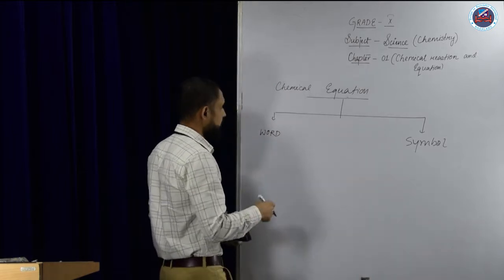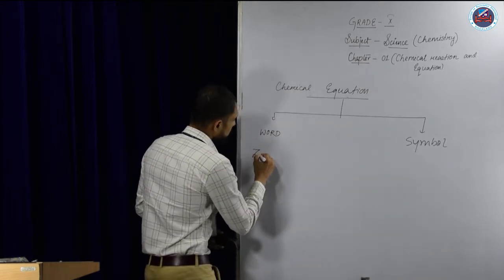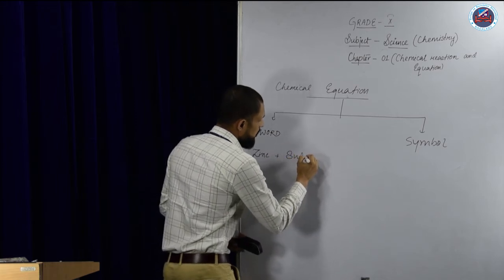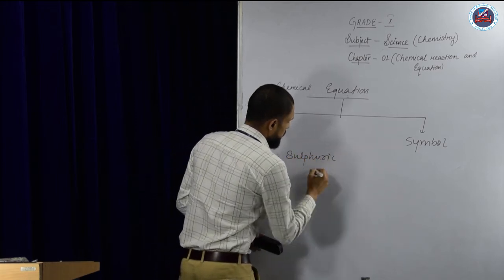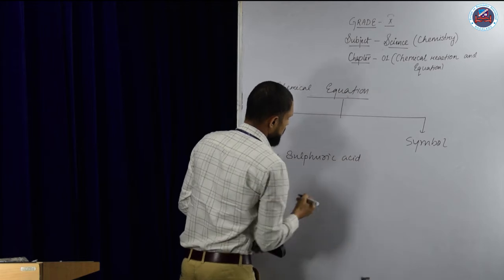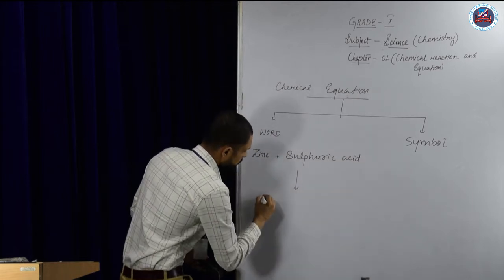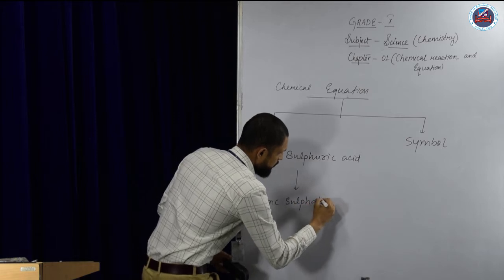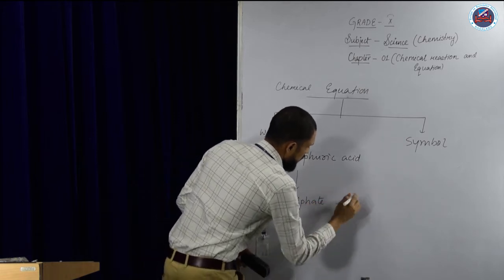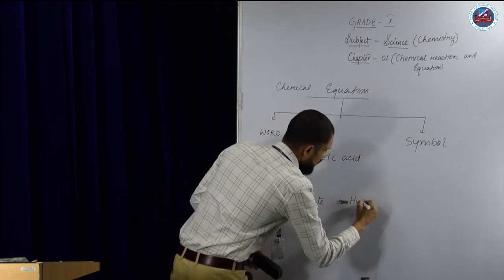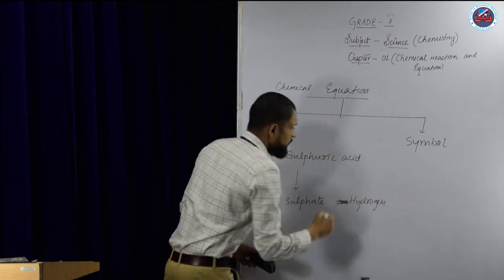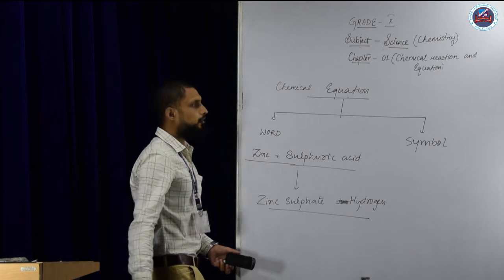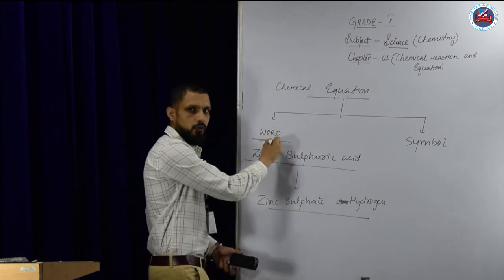Let us see with the help of an example. Zinc and sulfuric acid forms zinc sulfate and hydrogen gas. So this form of chemical equation is known as word chemical equation.